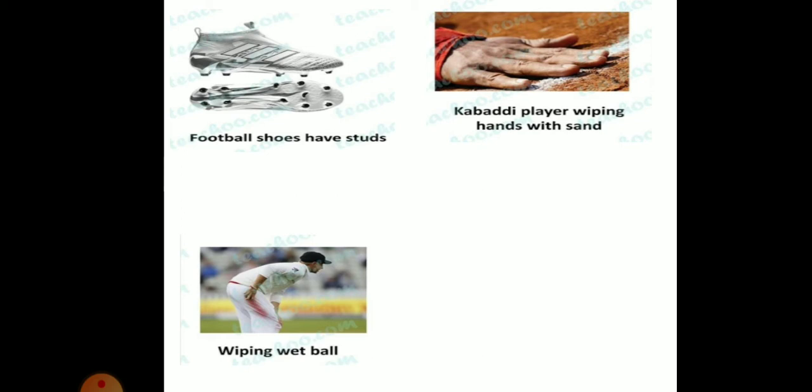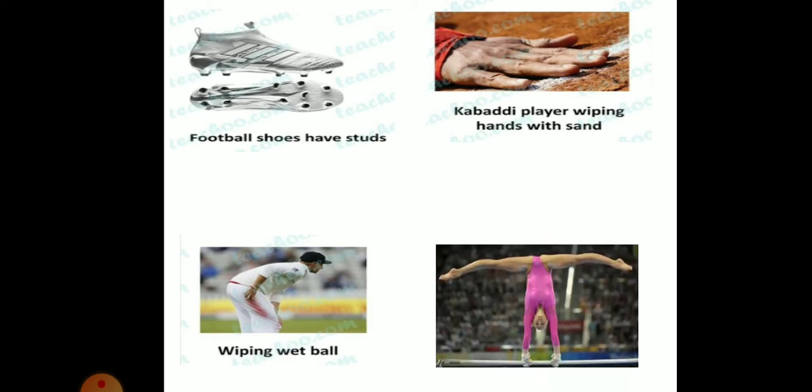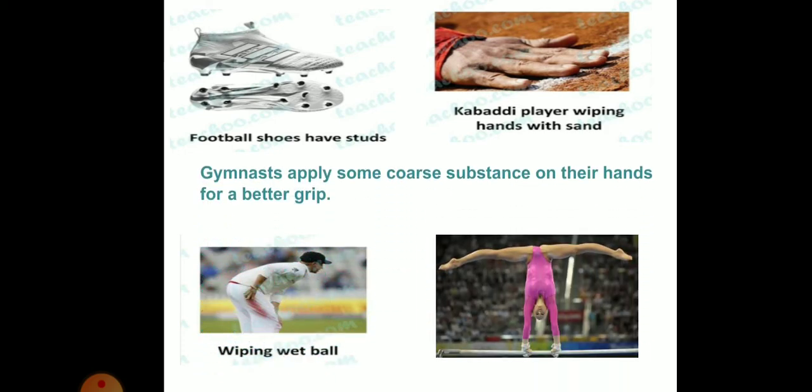So bowlers are not able to hold it properly, and also cannot spin the ball. So they wipe the ball with a dry cloth, which increases the friction and makes the ball spin easily.